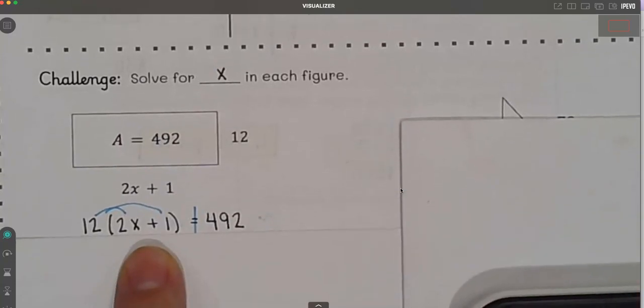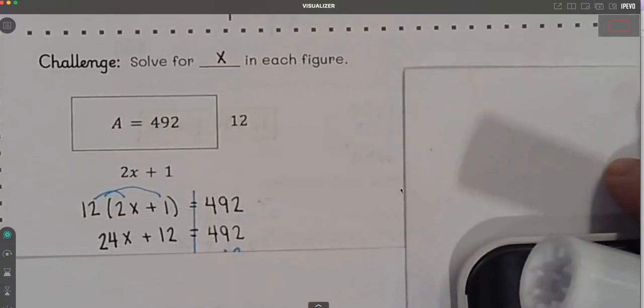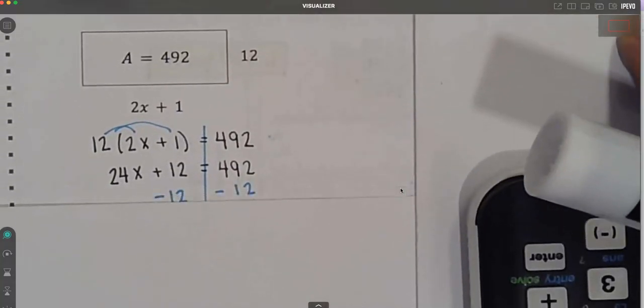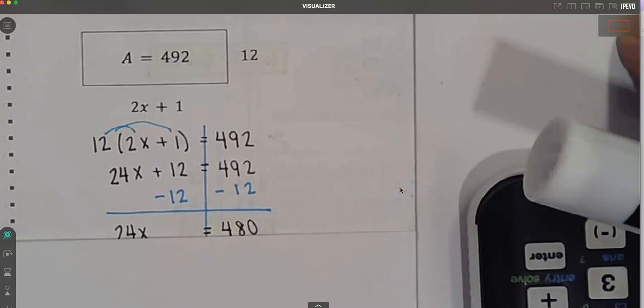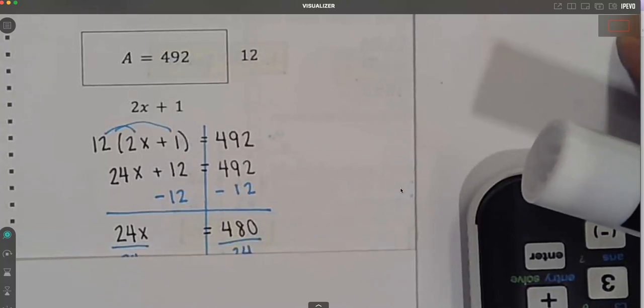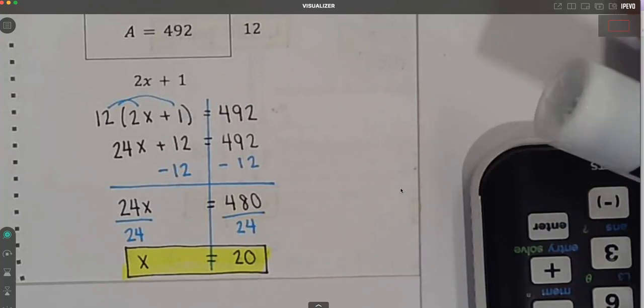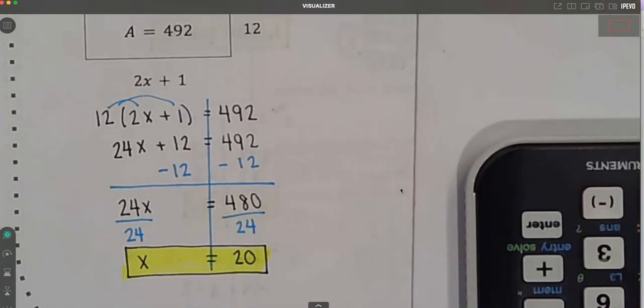So distribute the 12. You get 24x plus 12 equals 492. Subtract 12 from both sides. You get 24x equals 480. Divide both sides by 24. X equals 20.